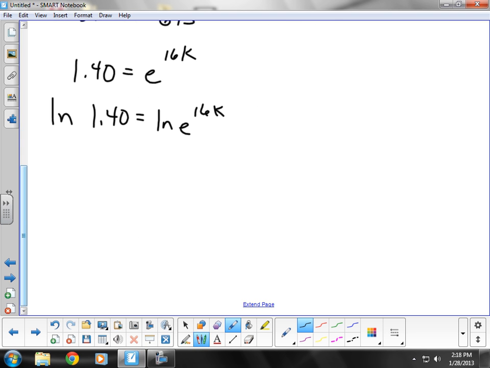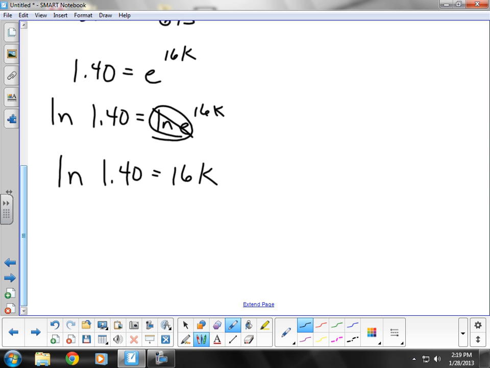So why did we do that? That just disappears, right? The ln and e cancel each other out, but that's the only time that you can cancel out. If it was the ln of 2 to that, it wouldn't.